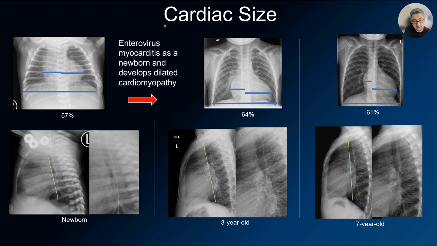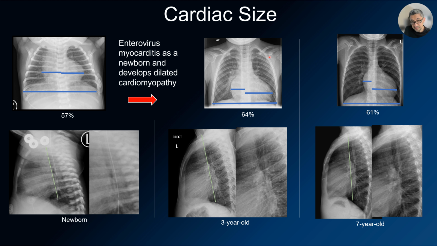As an example here, this patient was born normally with a cardiothoracic index of 57. The heart does not extend beyond the line that is drawn along the anterior contour of the trachea and downwards.